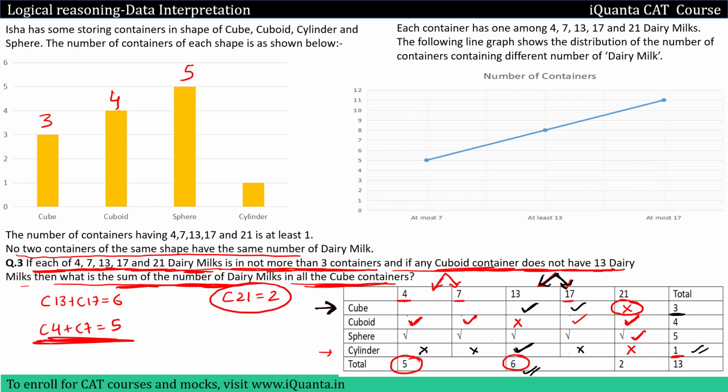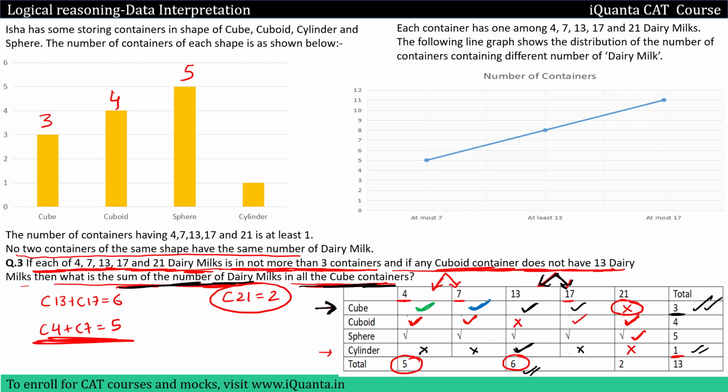Now in the question we were interested in the sum of number of dairy milks in all cube containers. Now in the row of cube we have total 3 cube containers. That means in the row of cube we need 3 ticks. So those ticks can be, I'll change the color. See, one of those ticks can be over here and another tick can be over here as well.